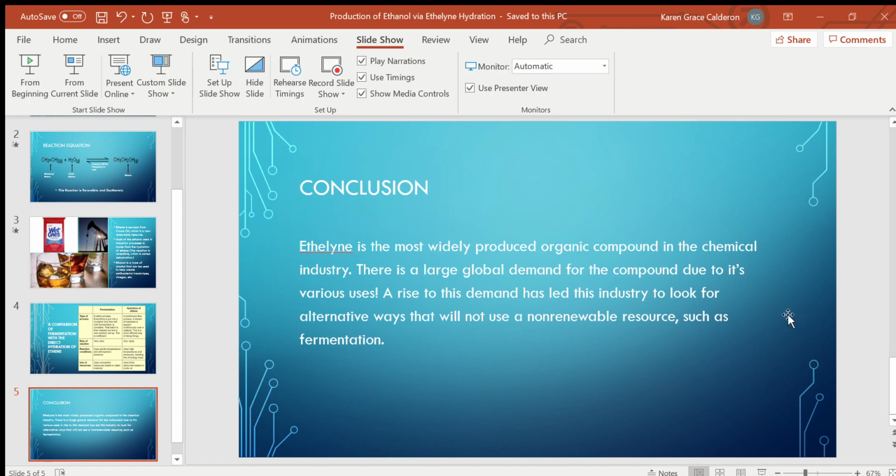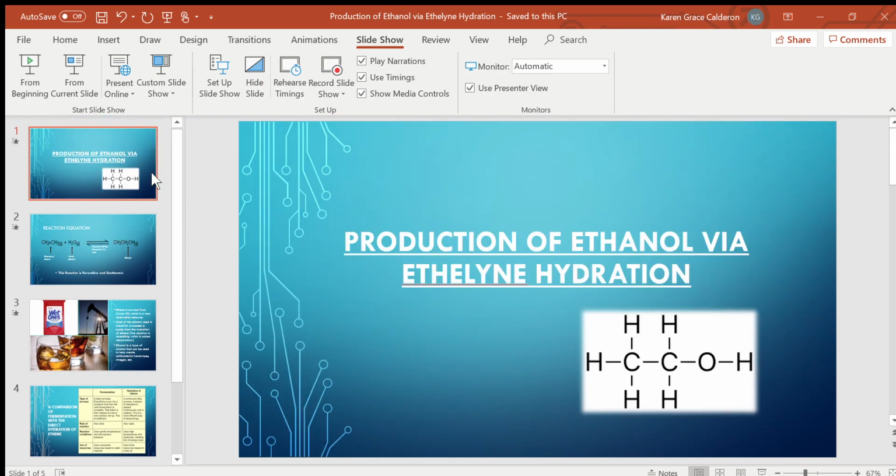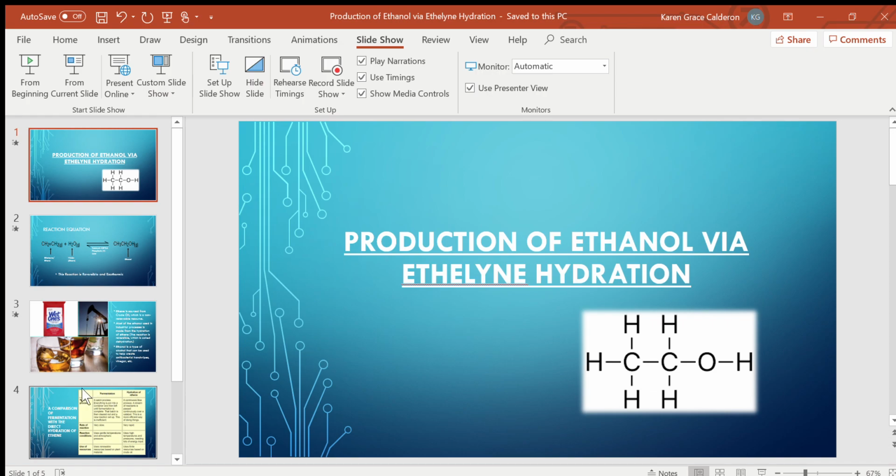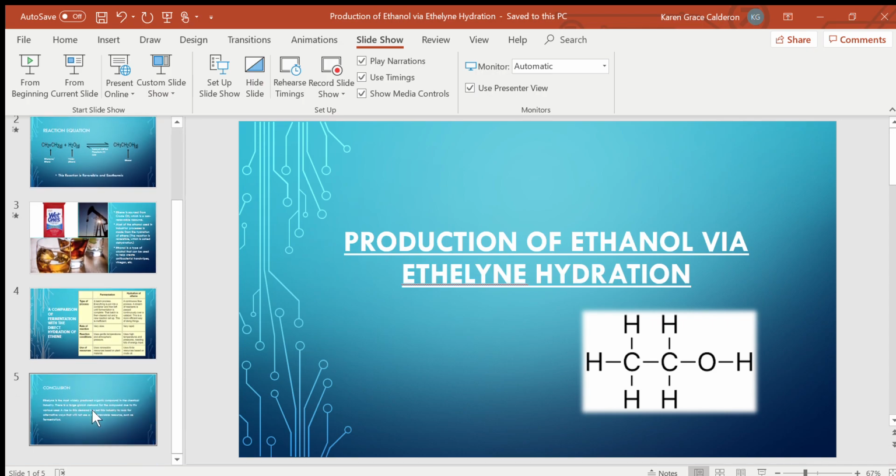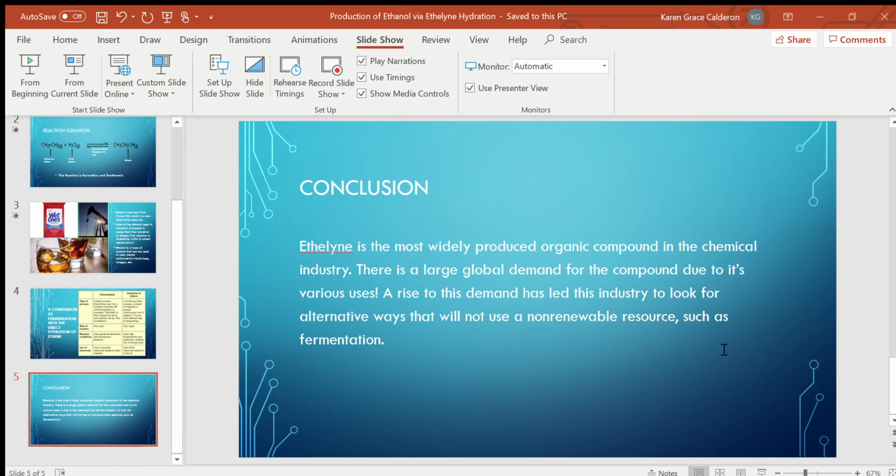So like I said, the production of ethanol through ethylene hydration is a more efficient way, but economically it's not the best compared to fermentation itself, since with fermentation, they do use other resources that we are right now in abundance of.